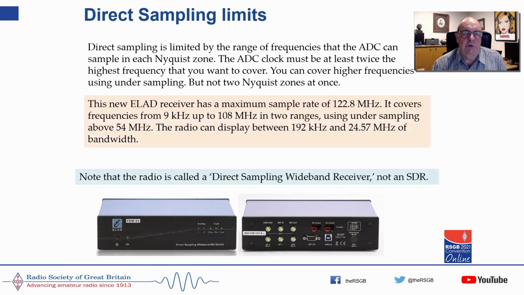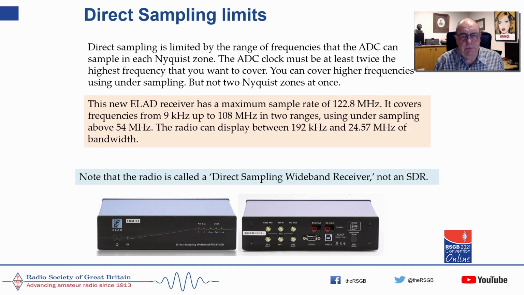This ELAD receiver has a maximum sample rate of 122.8 megahertz, or 128 million samples per second. So it can cover frequencies from 9 kilohertz up to 108 megahertz in 2 ranges, using undersampling above 54 megahertz.